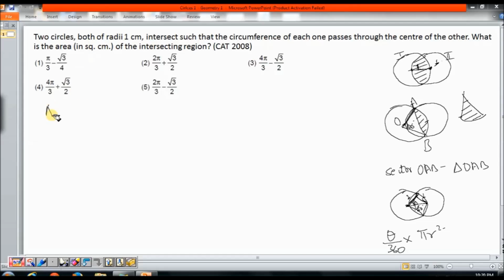So area of sector is nothing but theta by 360 into pi r square, where theta here is nothing but 120. 120 is the angle subtended at the center, divided by 360 into pi into r square. 1 square is nothing but 1, so we can forget it. This is 120 by 360, so I get pi by 3. So area of the sector is pi by 3.